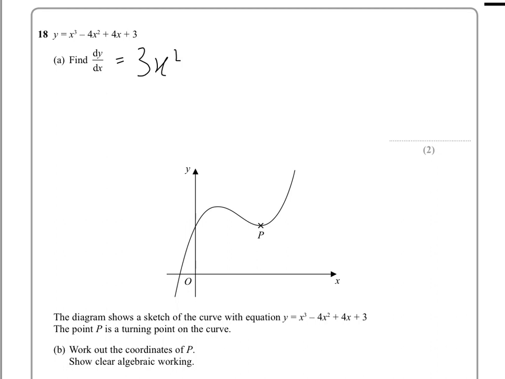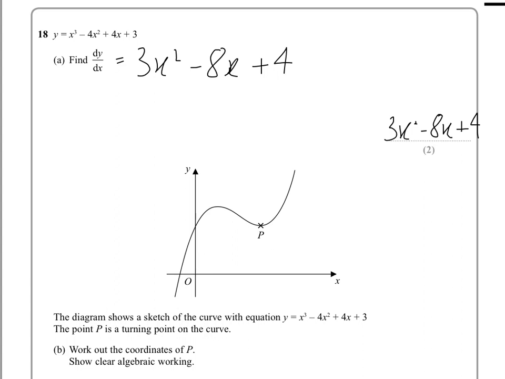Of course, you take the power to the front and minus 1 from it: 3x squared minus 8x plus 4. Let's write that here, just 3x squared minus 8x plus 4.